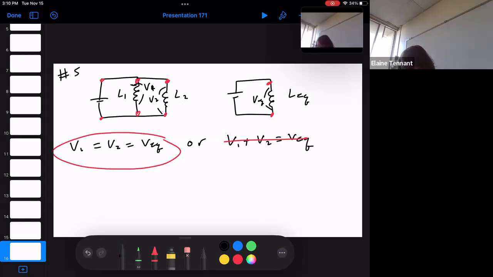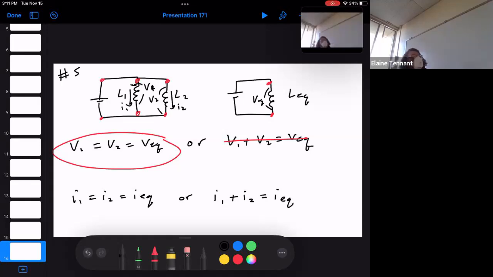What about the currents? Are these going to be equal, or are you going to add them? Add them. And I like that because whatever current's going through here is not necessarily the current that is going to go through the other branch.